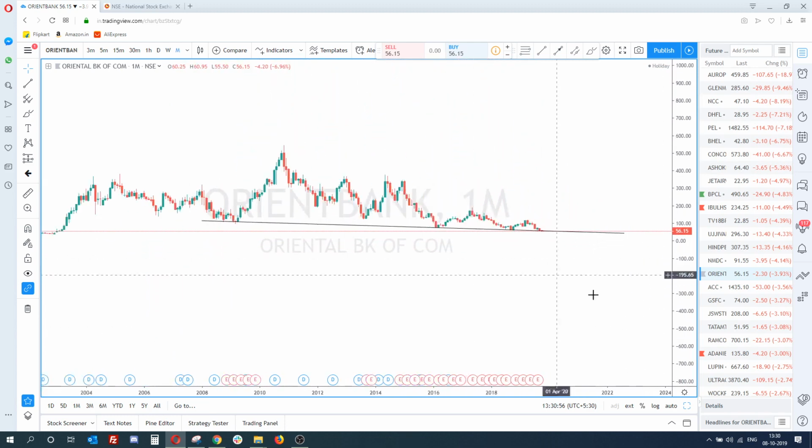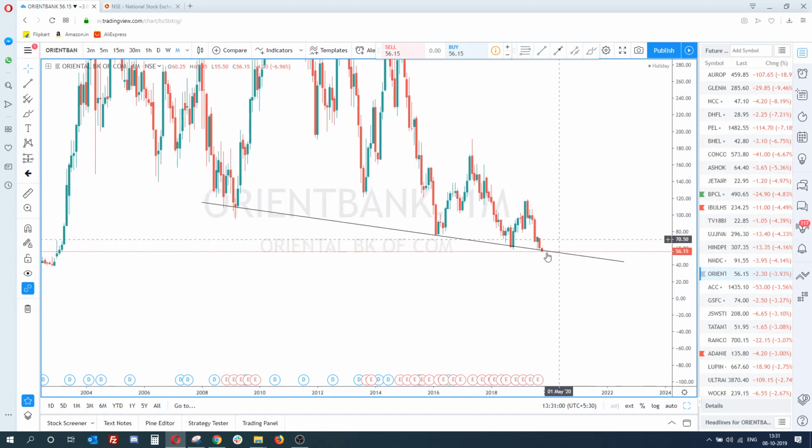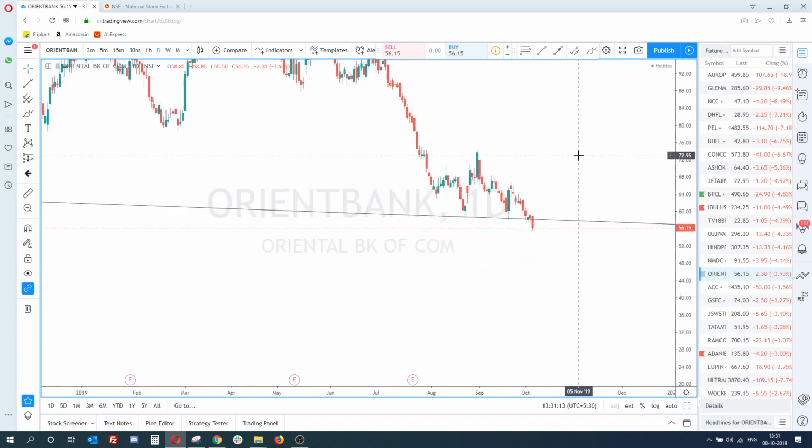I've drawn Oriental Bank of Commerce on the monthly time frame, and it has fallen from the monthly line. Let me see how it looks in weekly. It looks weak in every time frame. So yes, this stock has all the potential to go down. Let's see what happens.